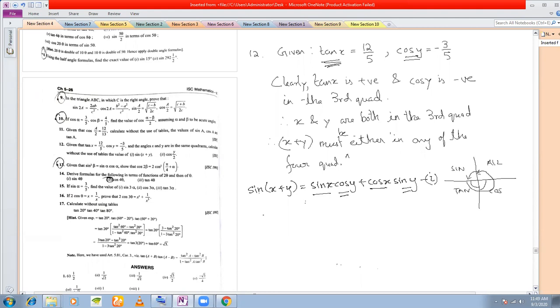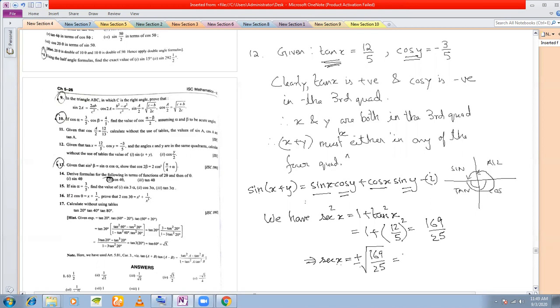How to find? So we have sec square x is 1 plus tan square x. So you have 1 plus (12 by 5) square, which is 169 by 25. That means sec x is plus or minus square root of 169 divided by 25, which is 13 by 5.